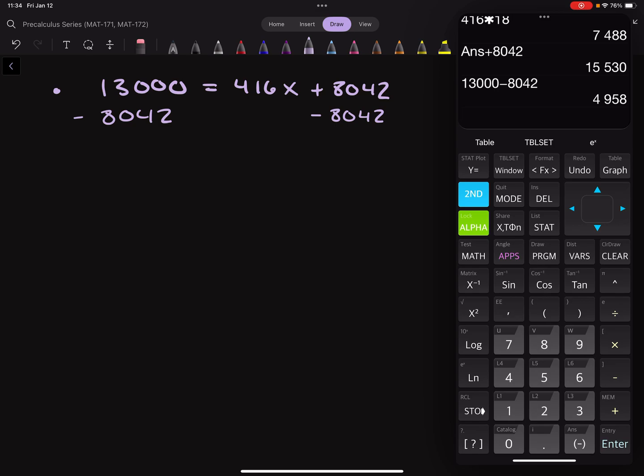I end up with 4958. Now, I'm going to flip things so that my X term is on the left-hand side and my constant term is on the right-hand side. So I end up with 416X equals 4958. Now, I'm pretty sure you can already see what's coming. I'm going to divide both sides by 416.